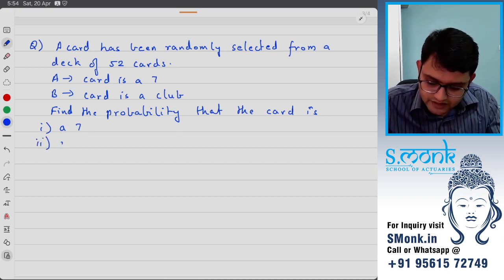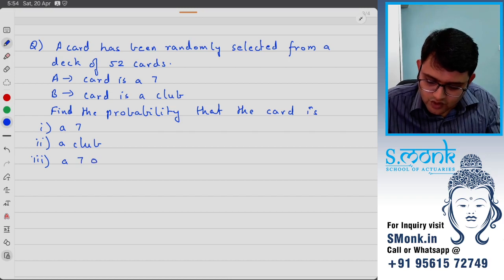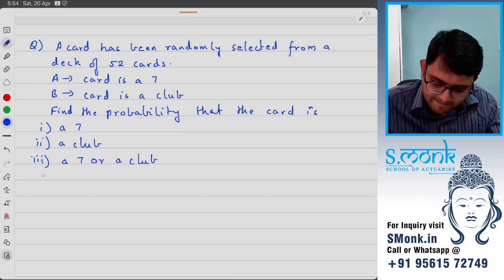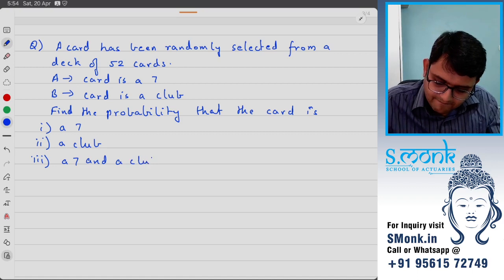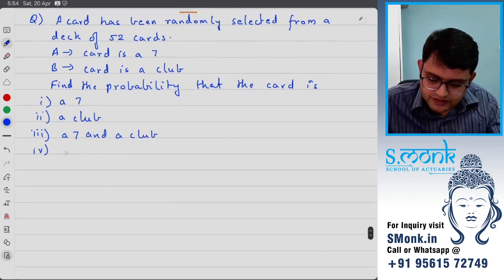Second, the card is a club. Third, the card is a 7 and a club. Fourth, the card is a 7 or a club.